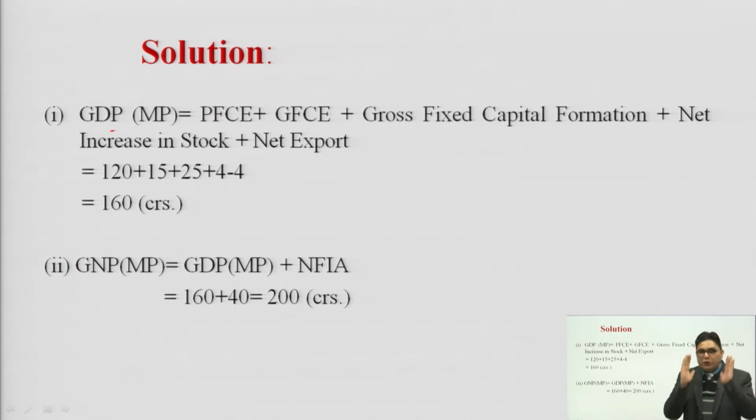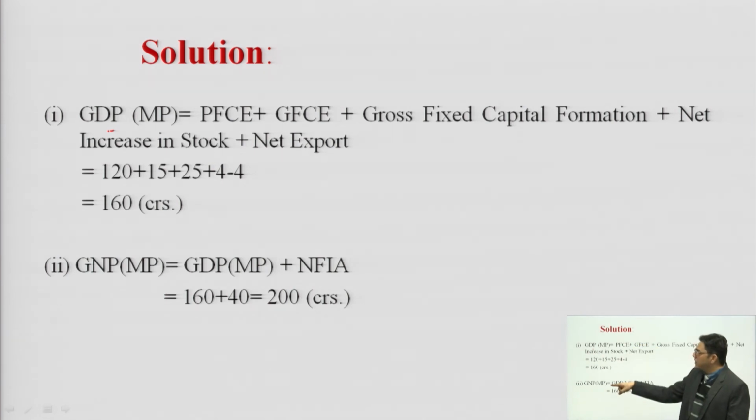So, we need to remember by which method where we are reaching and where the question is demanding we have to reach. For example, by expenditure method we had reached GDP at MP, but the question is saying you have to reach GDP at FC. So, from MP to FC, we have to add subsidy and minus the indirect taxes.